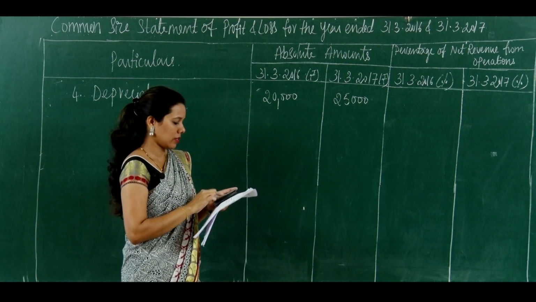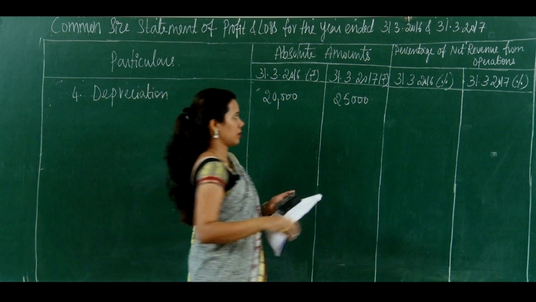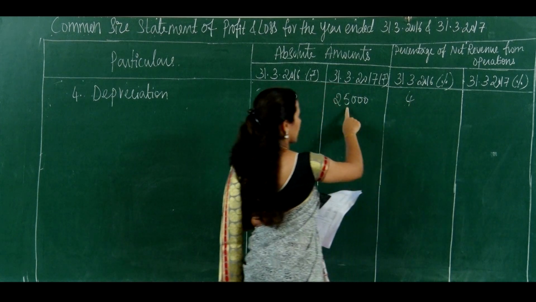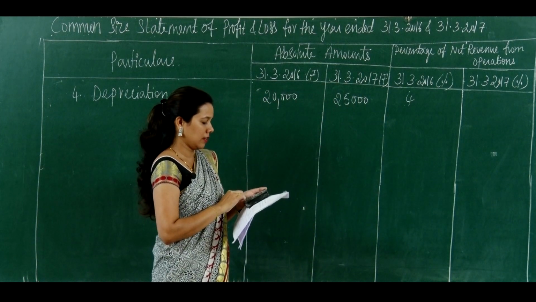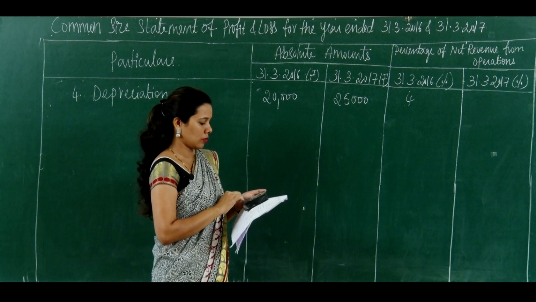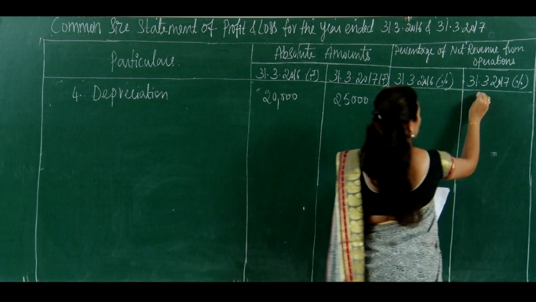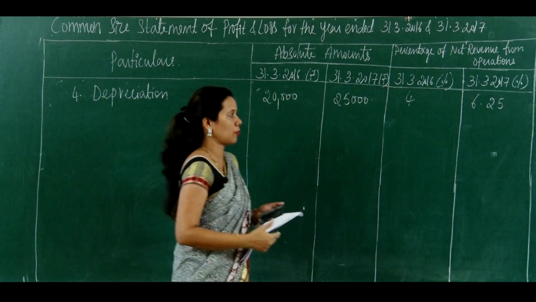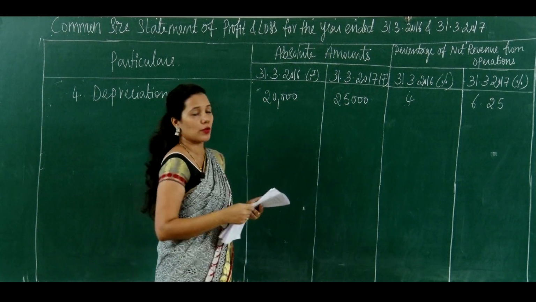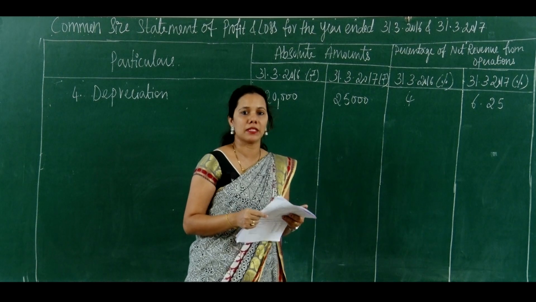So, 20,000 divided by 5 lakhs into 100, that is 4%, and next 25,000 and base is 4 lakh, 25,000 divided by 4 lakh into 100, 6.25%. So, depreciation last year was 4% and this year it has increased to 6.25%.